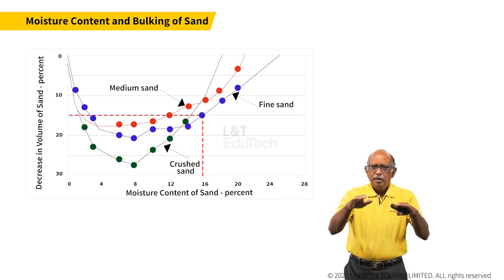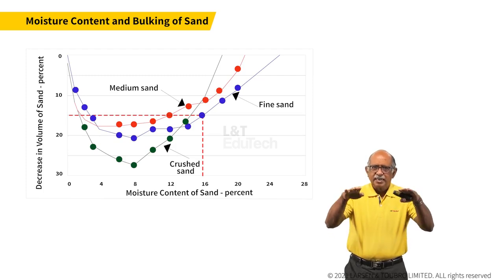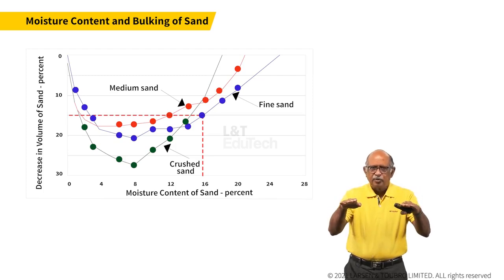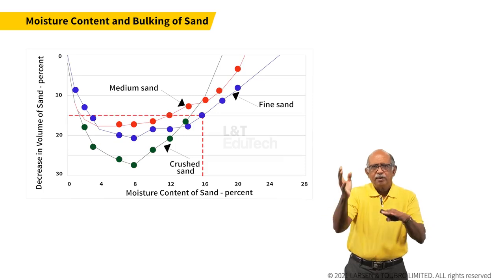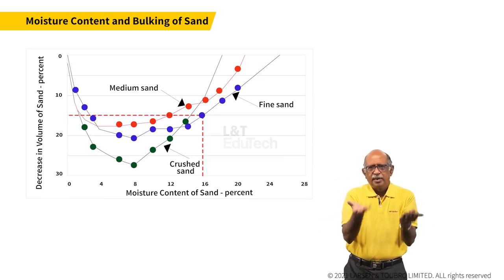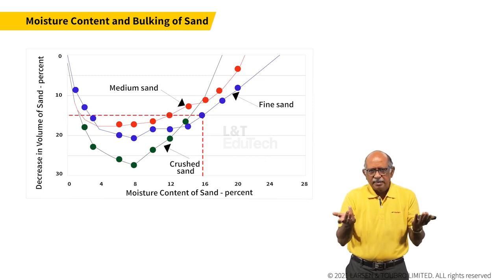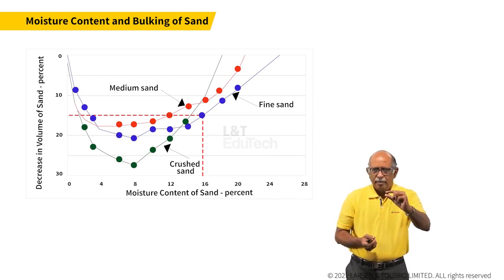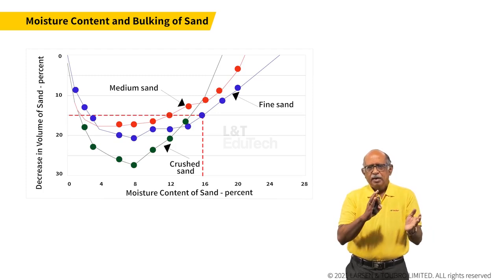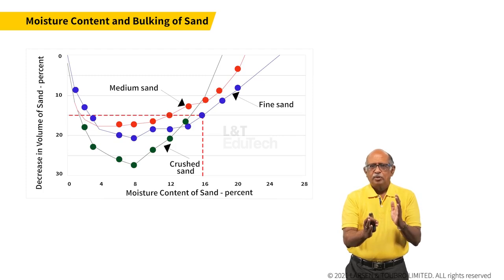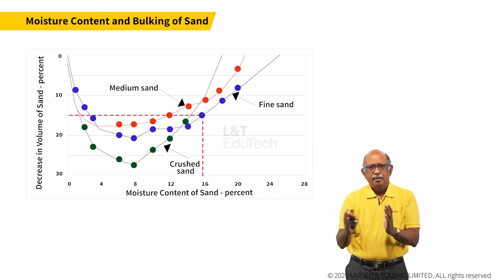That means where water content is increasing more, it is almost at the saturation point. So, bulking will not happen because all the air will get eliminated. As I said, bulkage is nothing but due to surface tension effect, the particles are getting swelled up. That is the phenomenon. So, this is a natural process. Depending upon the sand, it varies.